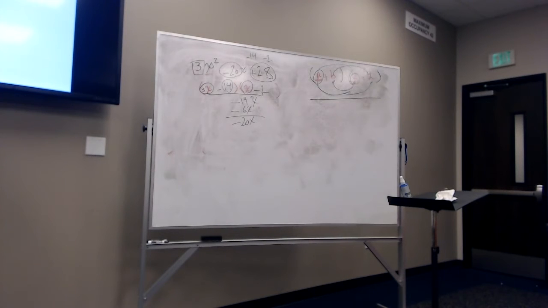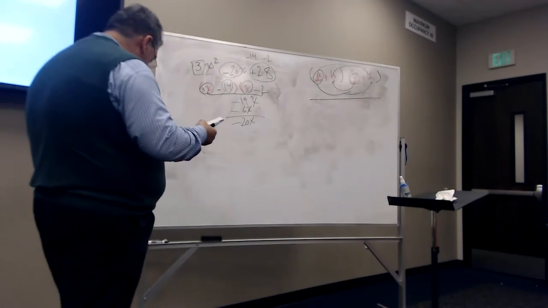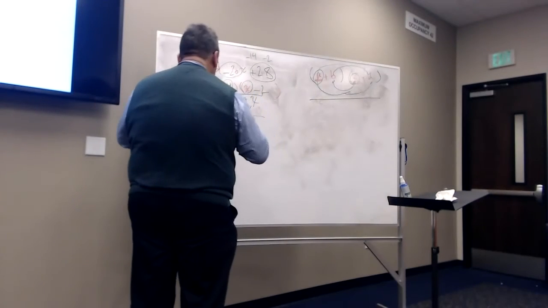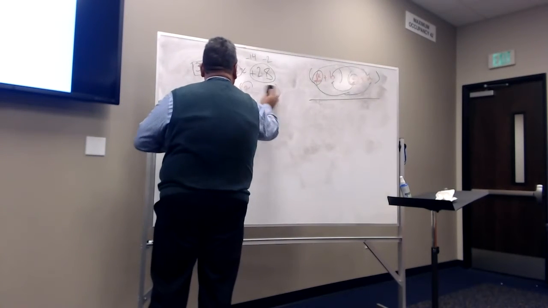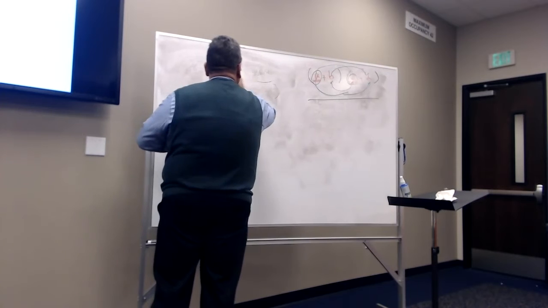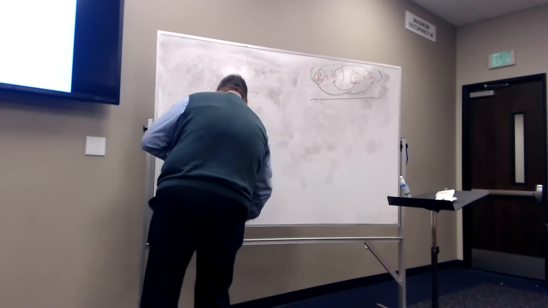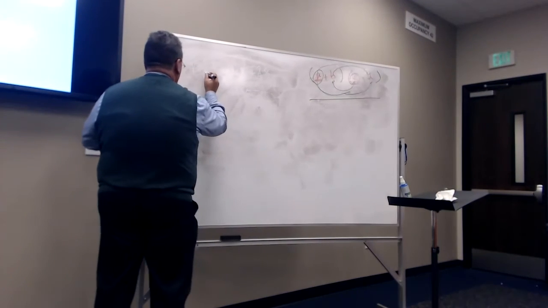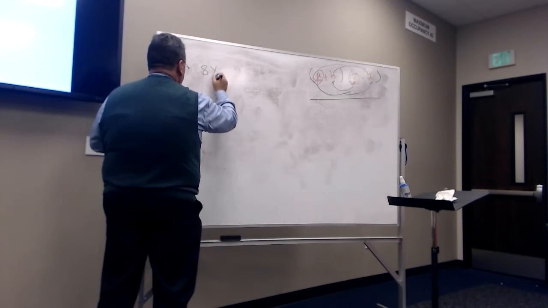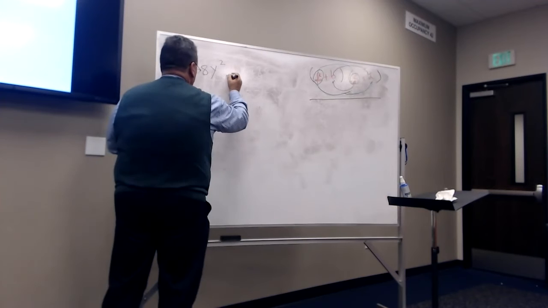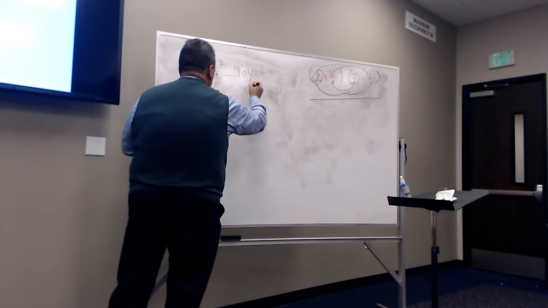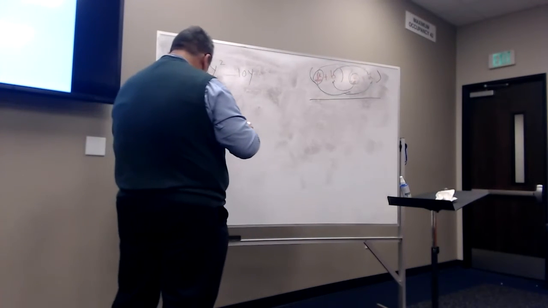Let's look at example number 6. We have 8y squared minus 10y minus 3.